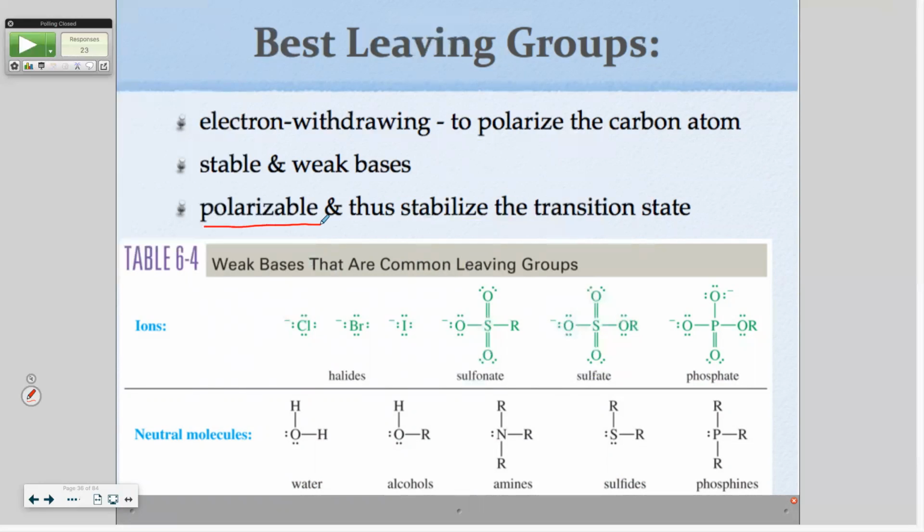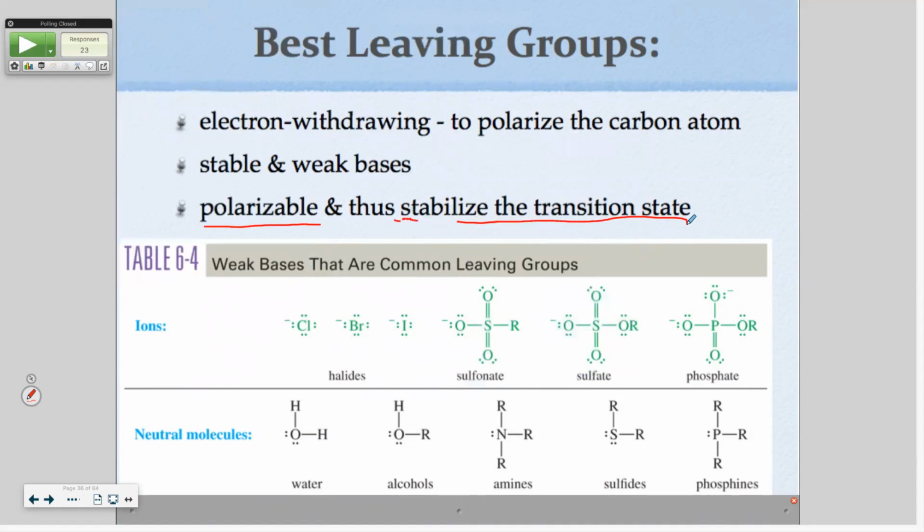The electron cloud is squishy and it can skew this way or skew that way. And that helps stabilize the negative charge that you get when you leave. It also helps to stabilize the transition state, because in the transition state, remember, you're halfway in between.